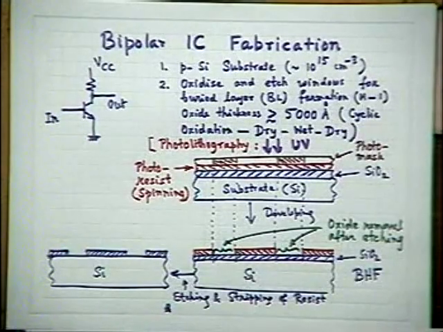Or today people are using, instead of any wet process, dry process. What they do? They expose it to oxygen plasma. You have a quartz chamber in which you introduce oxygen at a low pressure, then apply an RF voltage usually, which creates plasma or RF discharge inside.